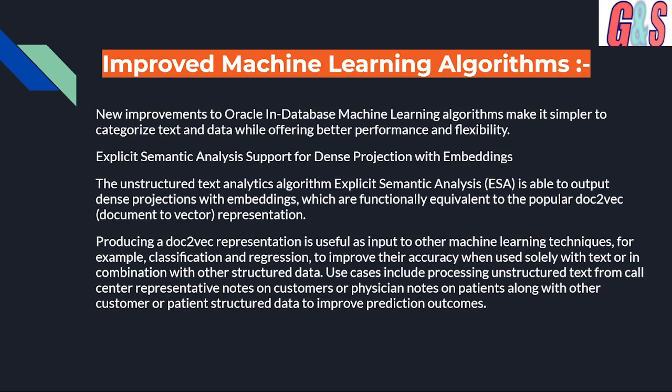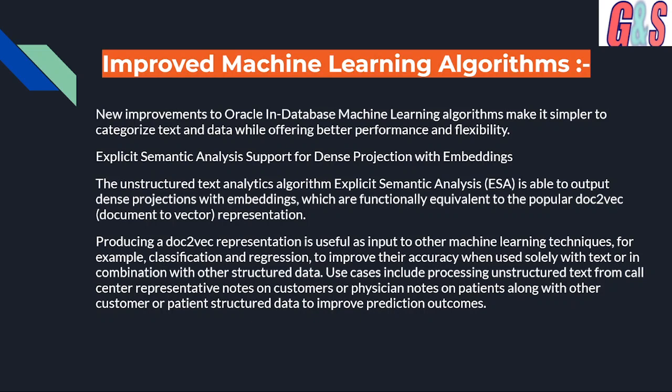The unstructured text analytics algorithm, explicit semantic analysis, is able to output dense projection with embeddings, which are functionally equivalent to the popular doc2vec, that is document to vector representation.